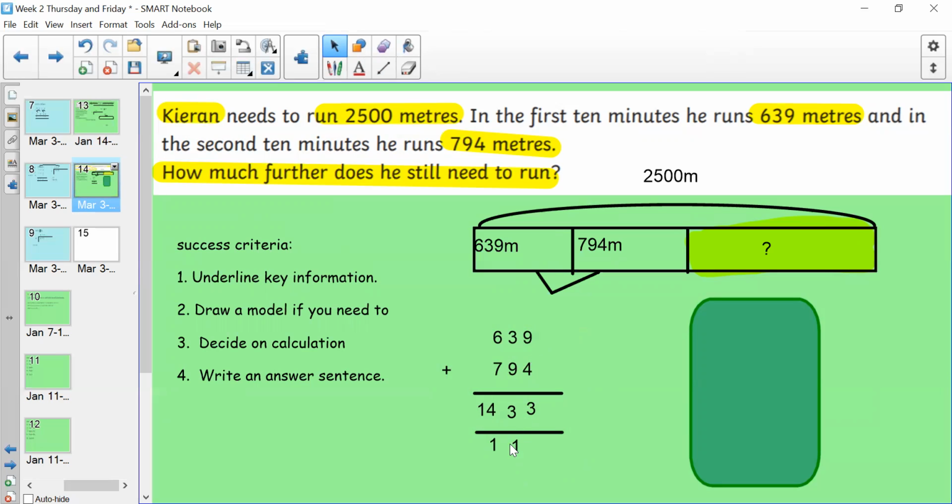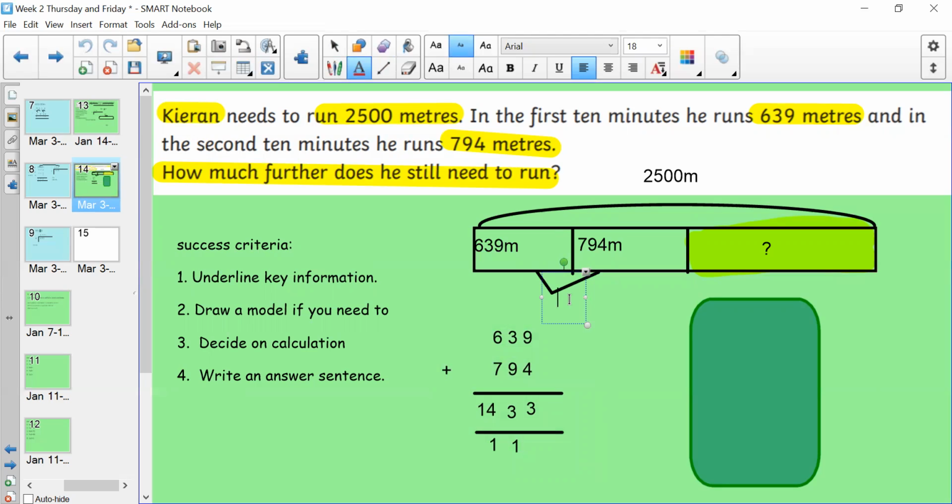So we add 9 and 4, which is 13. 30 plus 90 plus 10, which was 130. We have to regroup it. And then 600 plus 700 plus 100 was 1,400. Okay, so I know that in total, in the first and second 10 minutes, he has run 1,433 meters. Okay, that just makes it a little bit easier now for me to see.